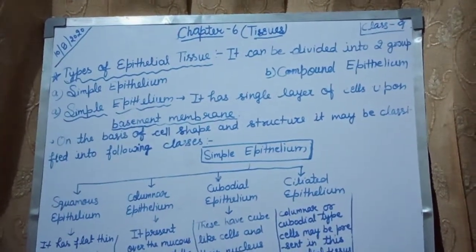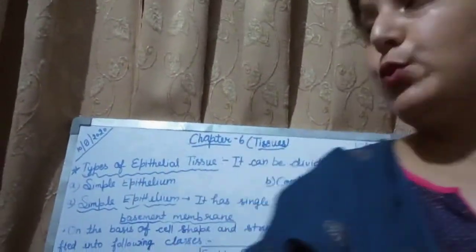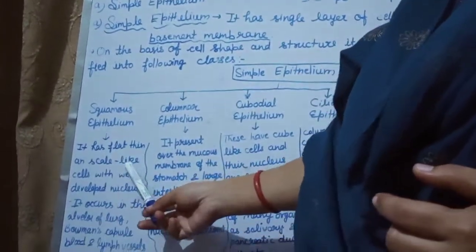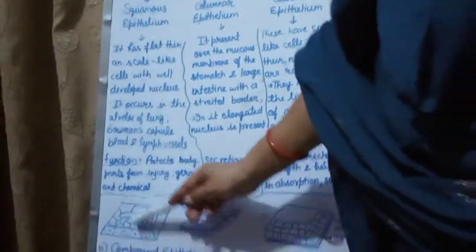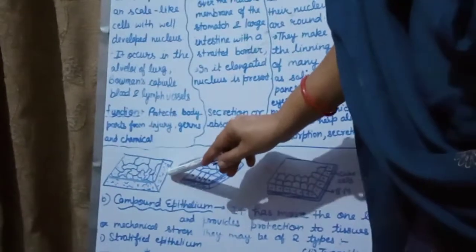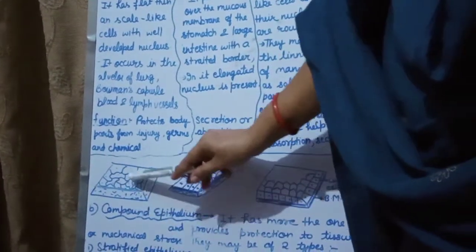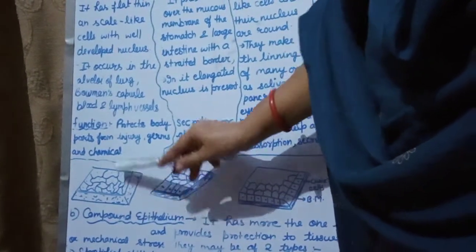Now we discuss the squamous epithelial tissue, or simple squamous epithelial tissue. What is that? It has flat, thin, scale-like cells with a well-developed nucleus. You see here in this diagram, this one is the basement membrane and these are the cells, which are flat-ended structures.